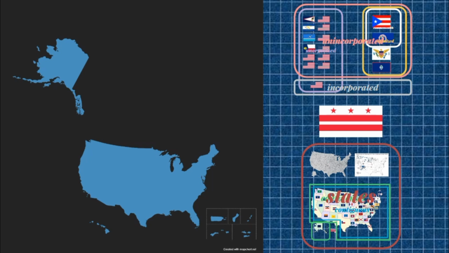Also, this is awkward because you can vote here, but you can't vote in Puerto Rico. Moving on. And this is, once again, unorganized. But it's not like American Samoa, it's actually unorganized.